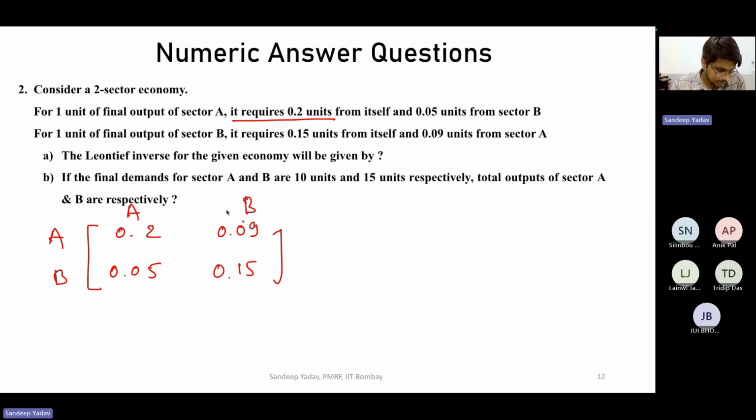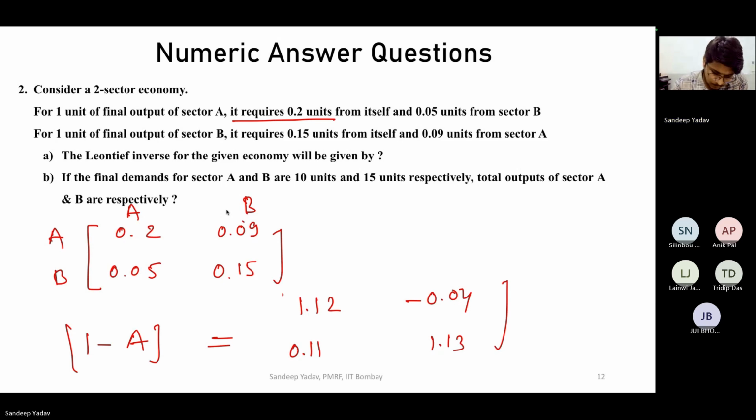Now if we write it in the form of the Leontief inverse, that is (I minus A) inverse, it comes out to be 1.12, 0.04, 0.01 and 1.13. How have we calculated this? We first subtracted the A matrix from the identity matrix, and then calculated the inverse of that whole matrix.